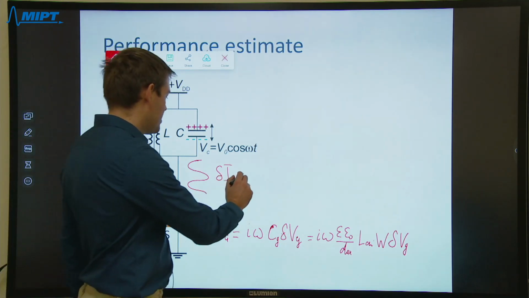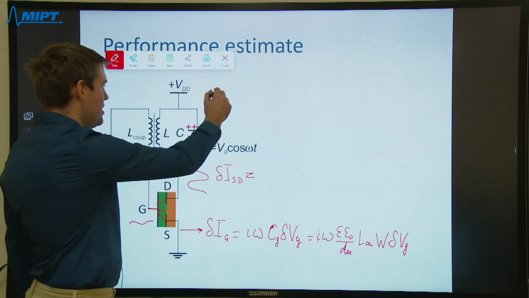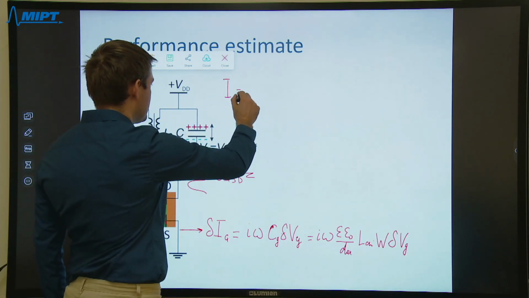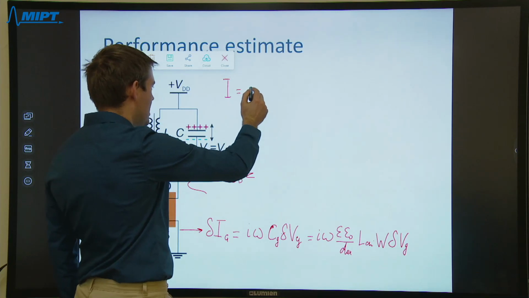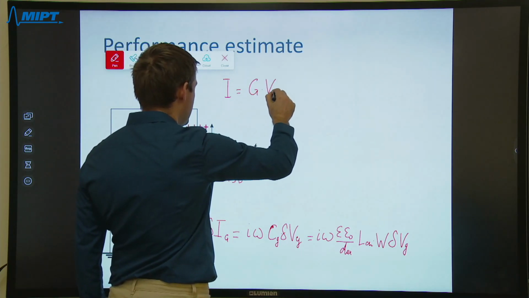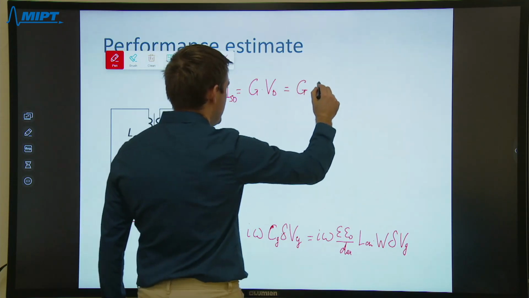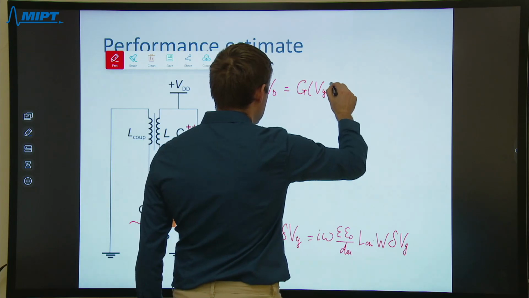Now, what about useful current due to the modulation by the gate? Here we use the IV characteristic in the form current equals conductivity multiplied by drain voltage, but conductivity in turn depends on the gate voltage itself.